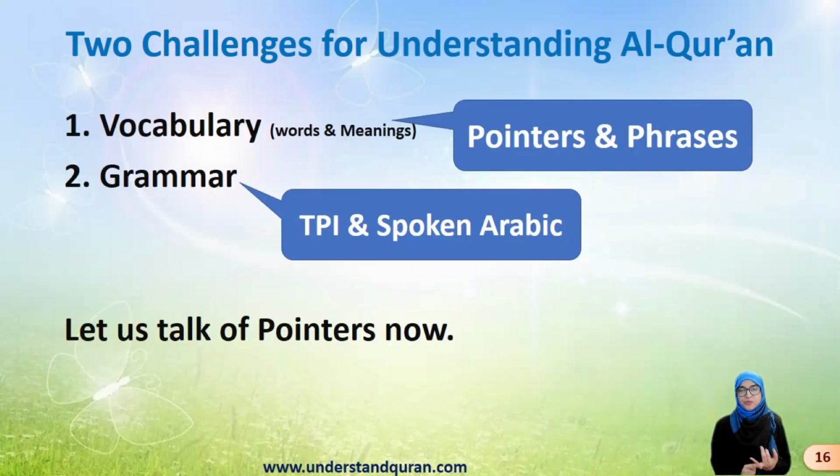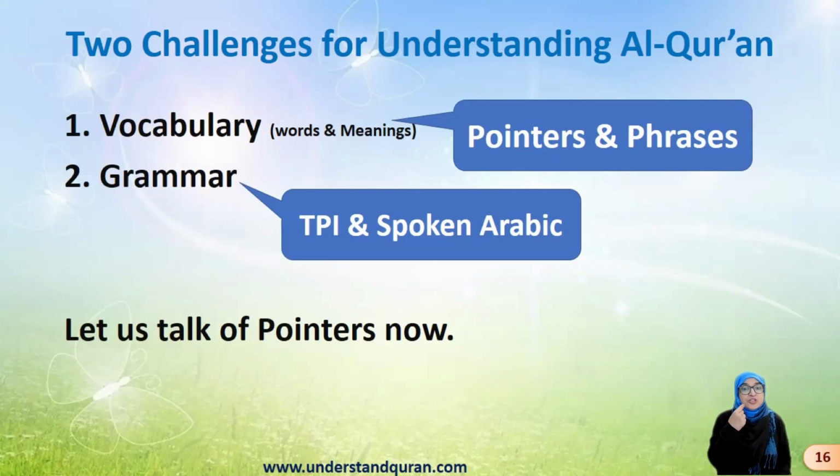Grammar, you already know. We are familiar with this. In course 1, we did our TPI. TPI is total physical interaction. You remember my hand movements? The whole course 1, I've been exercising with my hands. So it is an interactive course, and after each little topic, I used to do a little bit of spoken Arabic.